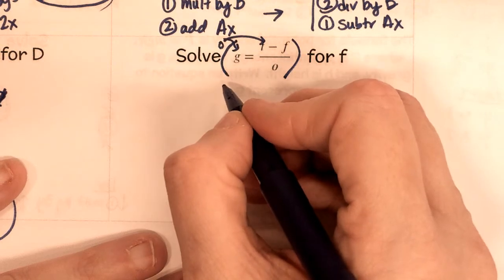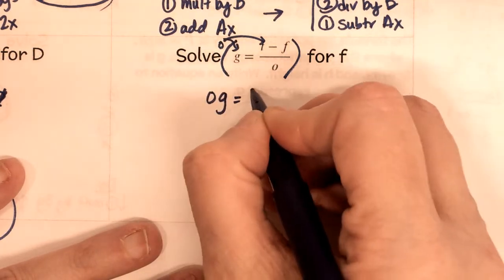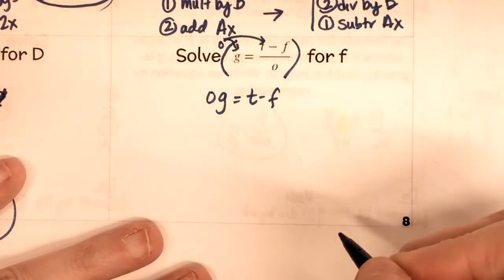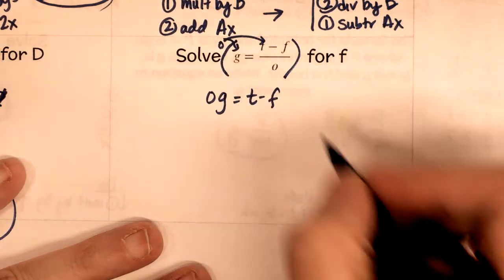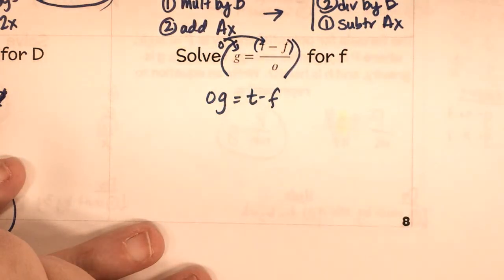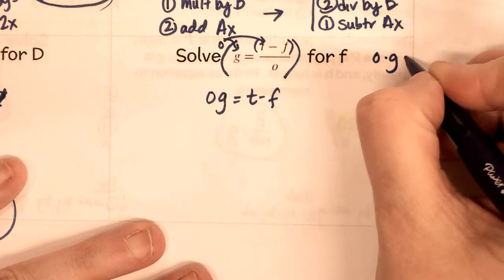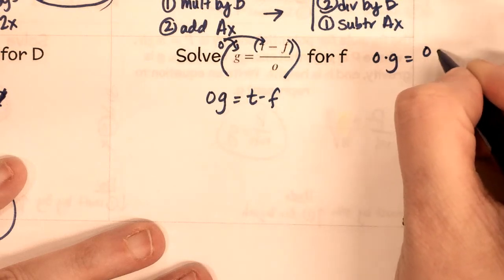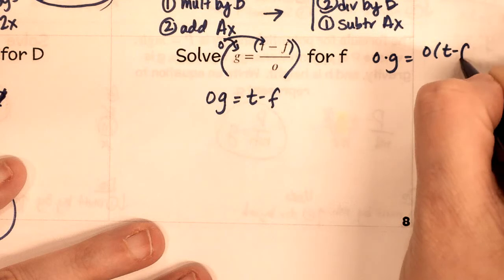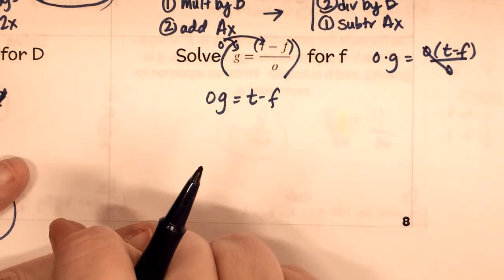Because you kind of treat this like it's in parentheses. So what that ends up looking like is O times G equals O times T minus F over O, and these two O's cancel. Do y'all see that?